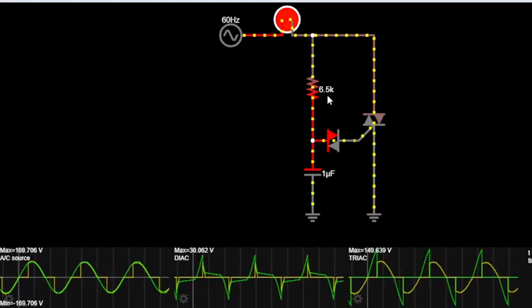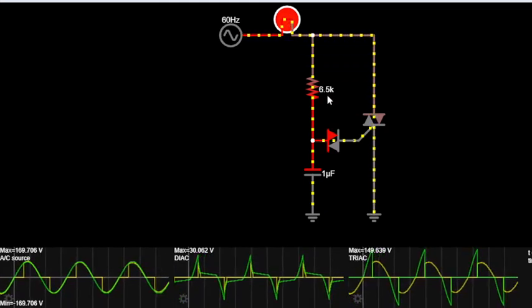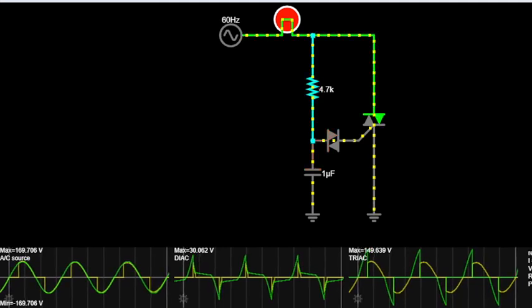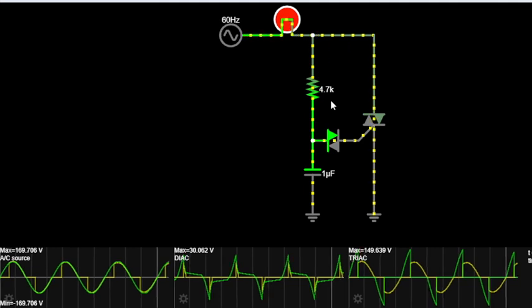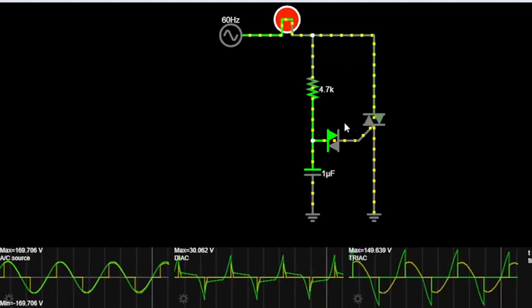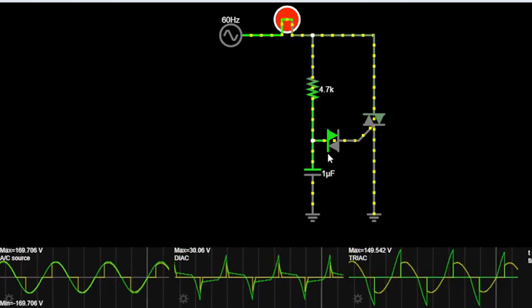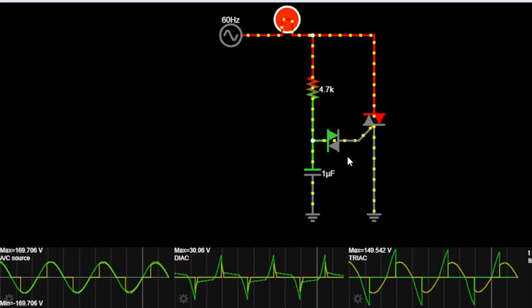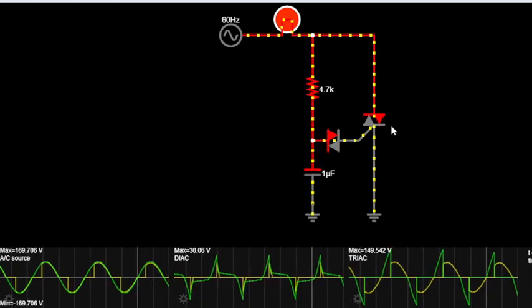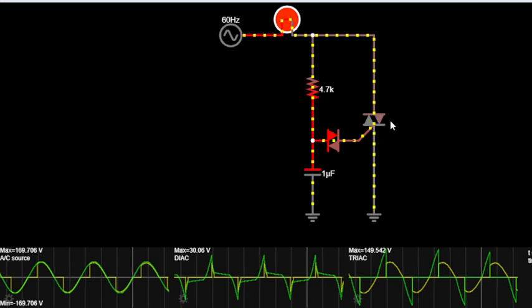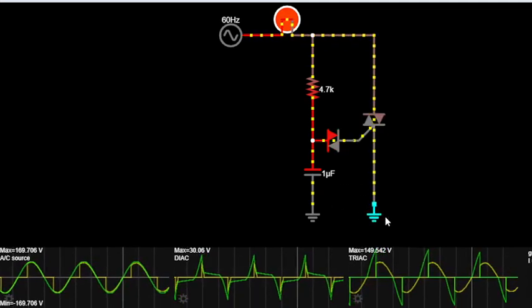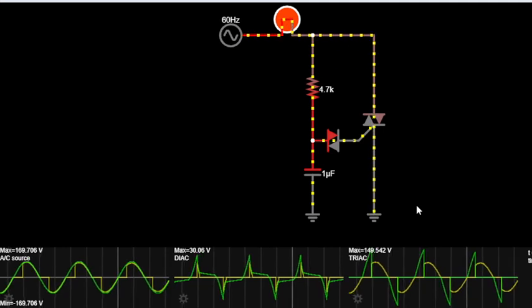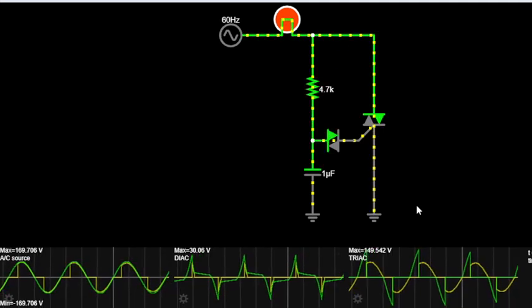The resistors depend upon the phase control, and if I slow down the phase control, you can see the resistance values change. Here we are using these double diodes, one connected like this, which acts as a DIAC, and the second one connected like this, which acts as a TRIAC. And here we choose a capacitor of 1 uF, and this is the circuit design for the DIAC TRIAC dimmers.